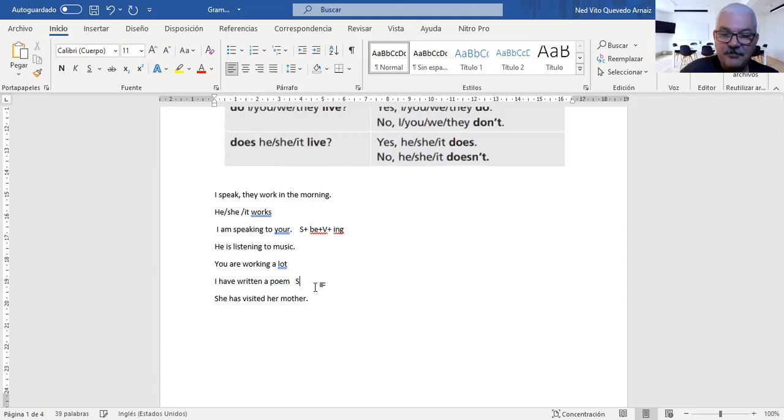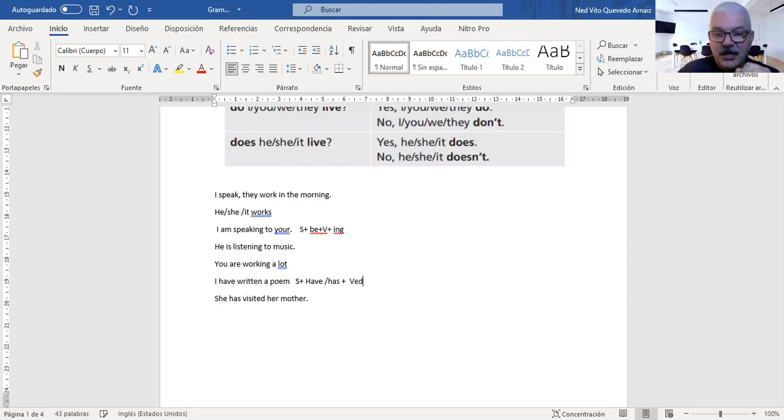It is just the subject plus the form of the verb have or has, has only for the third person singular, plus the main verb in its past participle, okay?